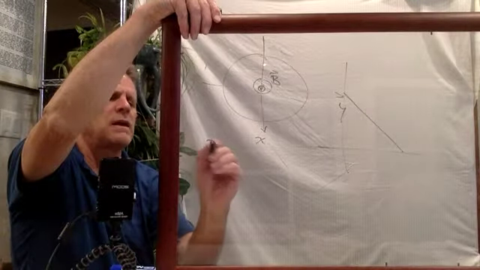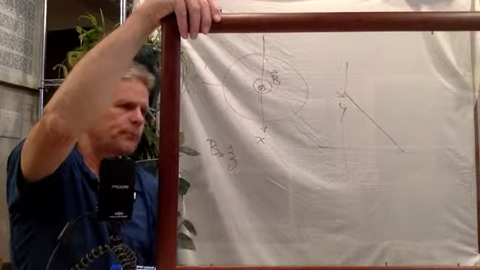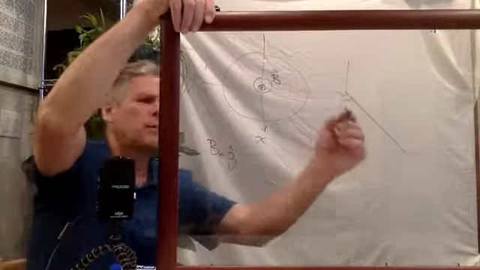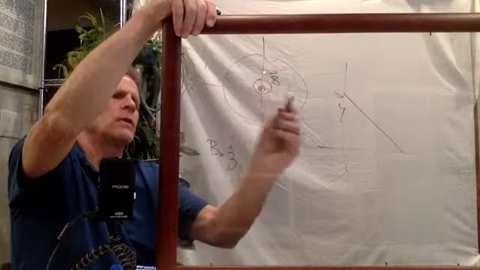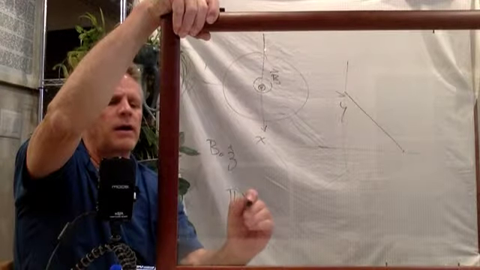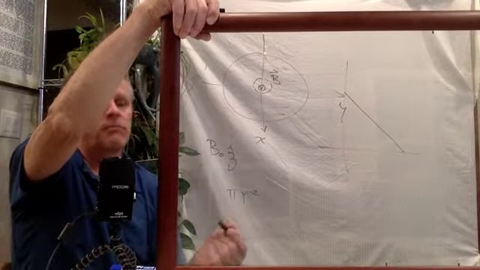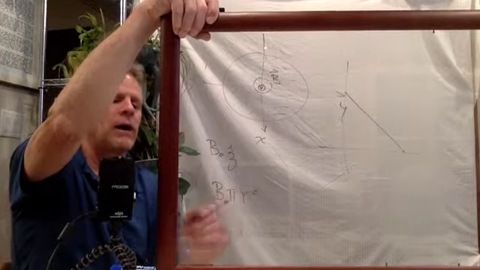So this would be B0 in the z hat direction, and B0 z hat is changing. Here's my loop. My loop has some area, which we'll call pi r squared because it's a circle. And so what's the flux? It's B0 pi r squared.